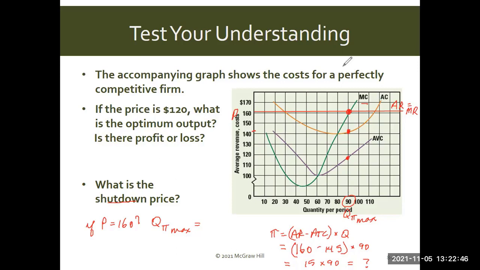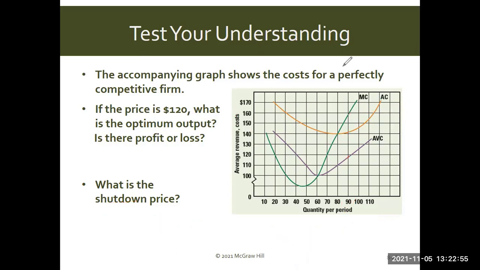We just made it up on our own, and I could make many, many examples. What about this one here? If I clear everything here and say, what about if the price is 95? My profit maximizing quantity.